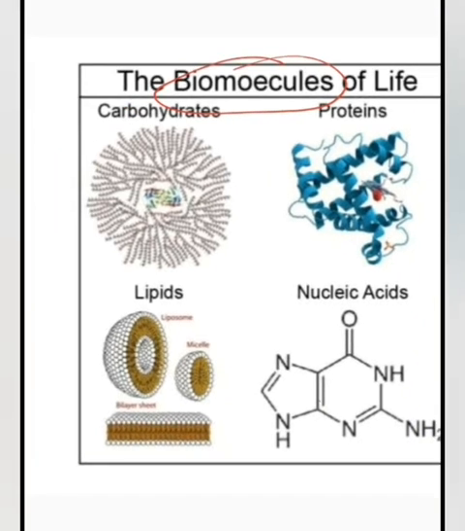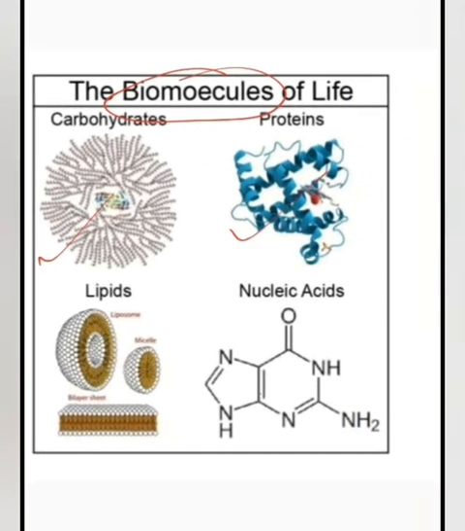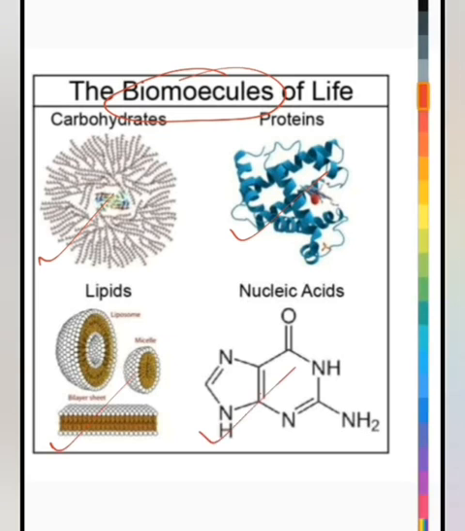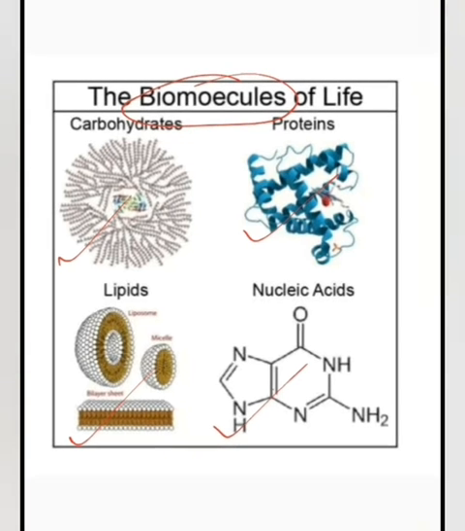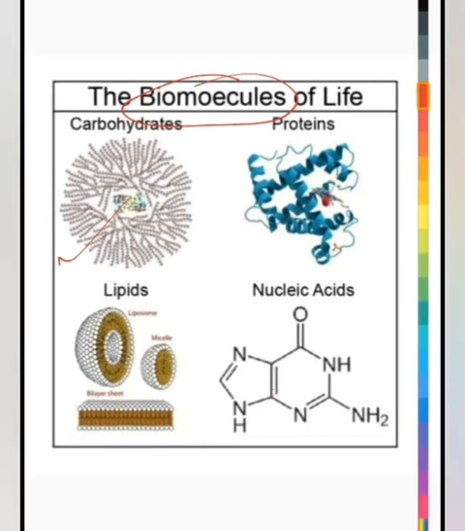Here you can see this one is the carbohydrate, this one is protein, this one is lipid and this one is nucleic acids. There are many more types of biomolecules, we will come to that later, but you can see that the four types shown here are all different from each other in shape, size and dimension. So all biomolecules have their own specific shape, size and dimension.